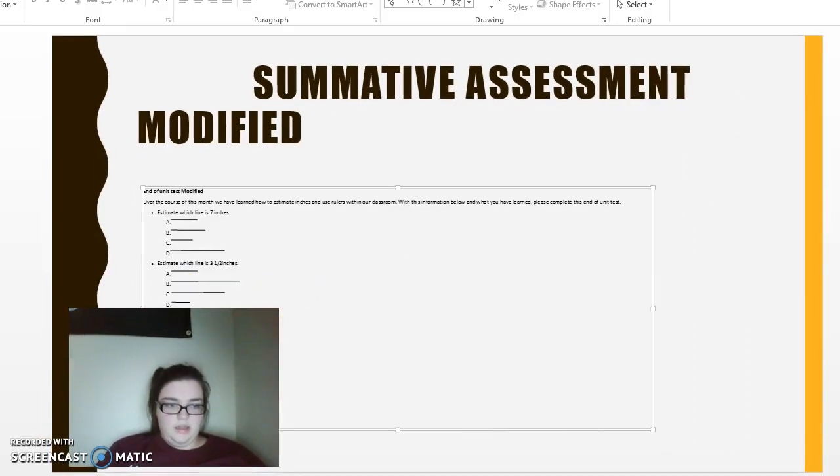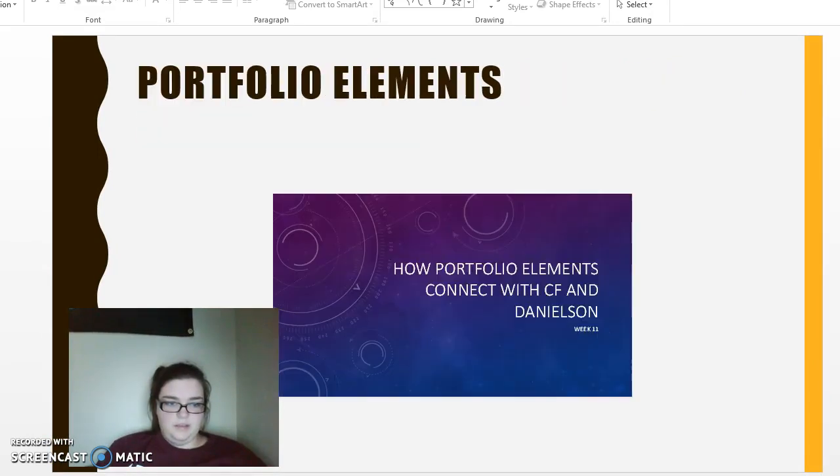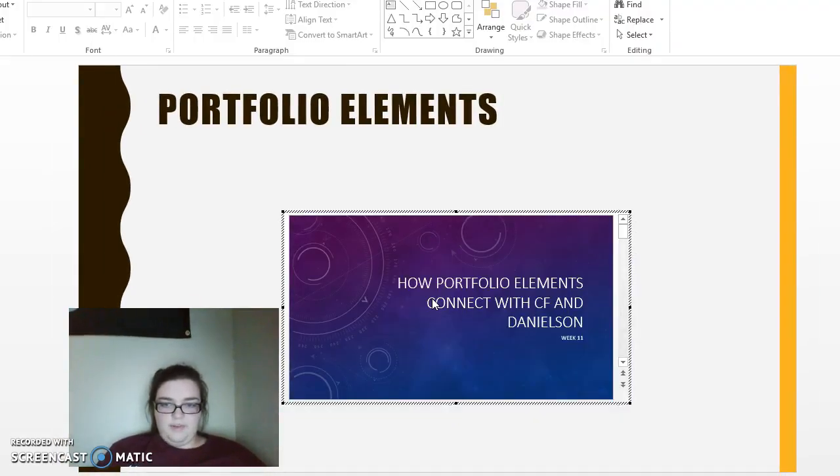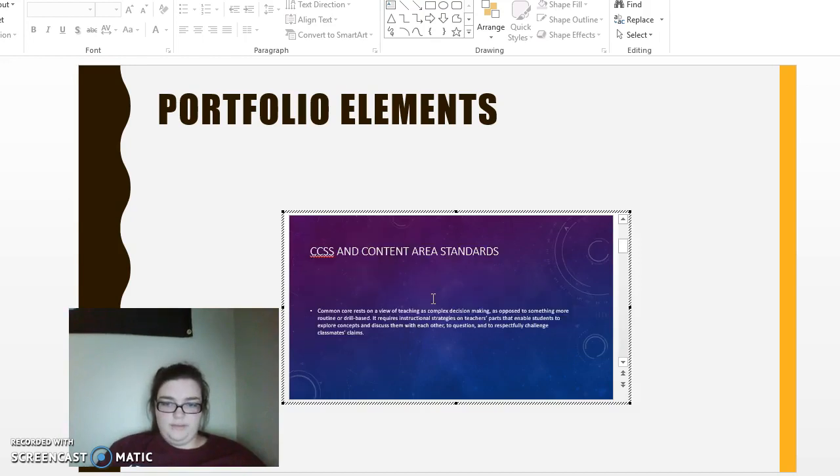And then this is my portfolio elements, and I'll have to click on it to get it to open up. And these were how portfolio elements connect with the conceptual framework and Charlotte Danielson.